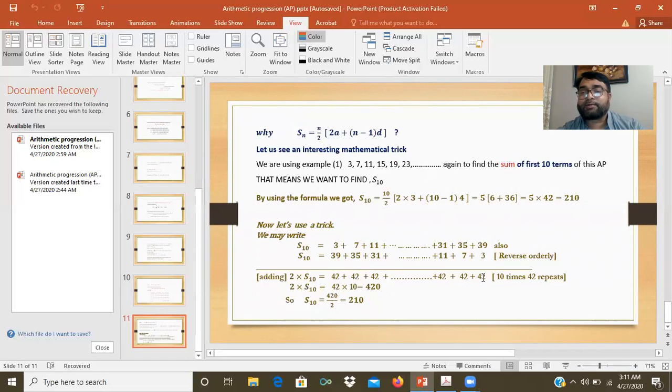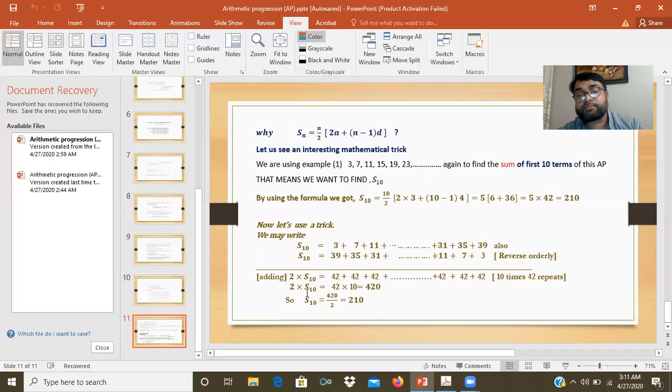It's an interesting thing that 42 is repeating many times, especially since there are 10 terms, so 10 times it is repeating. So we can write the sum as 42 times 10, which is 420 here.